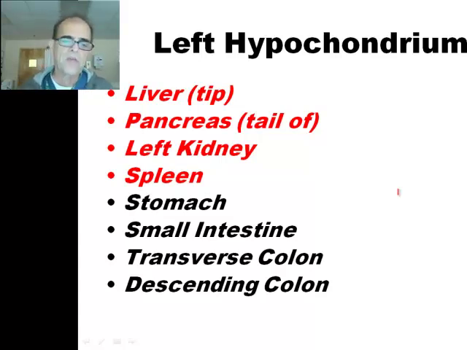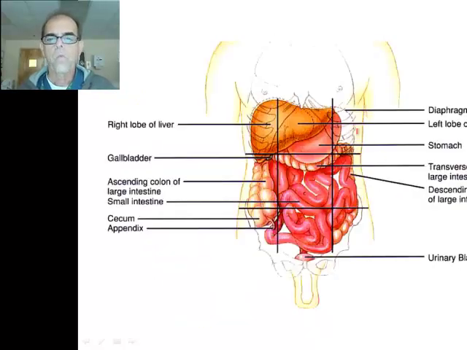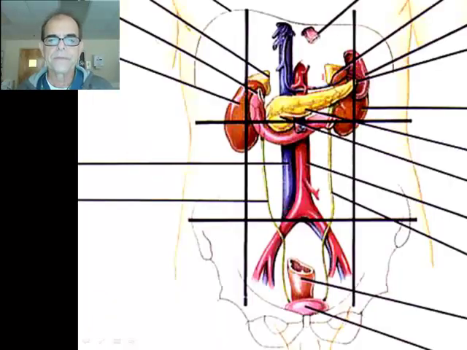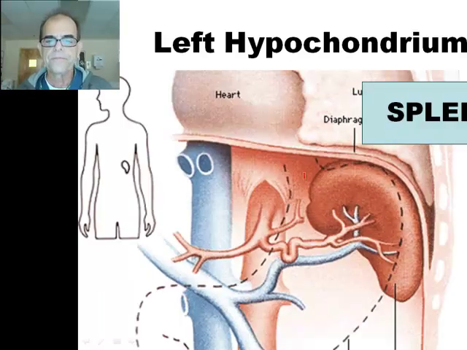Stomach, small intestine, transverse colon and descending colon are organs that, even though they are in the left hypochondrium, are not good for ultrasound because they have gas. Pancreas here, left kidney, and the spleen.